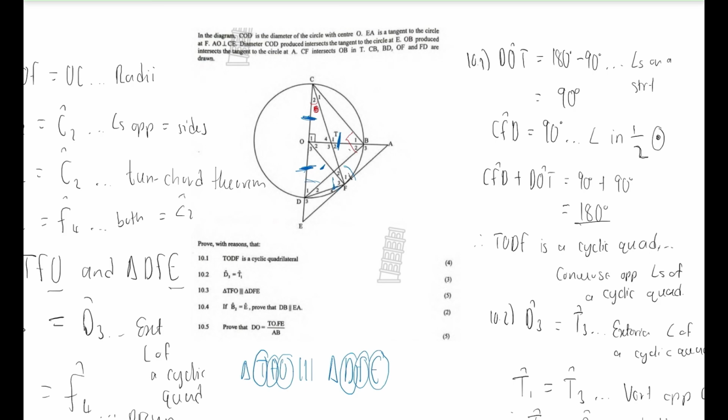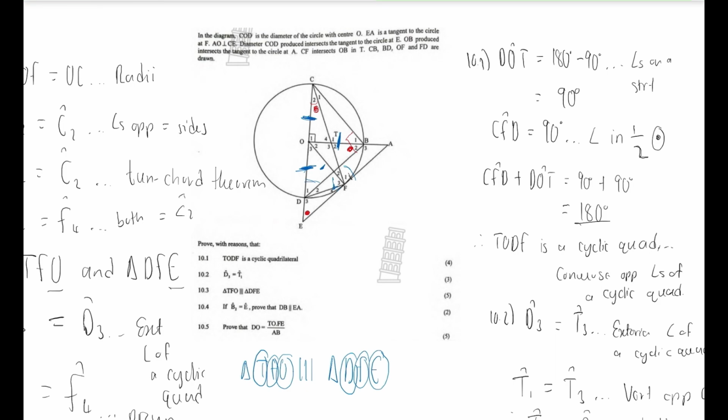So if B2 is equal to angle E, then we're supposed to show that DB is parallel to EA, alright? So how are we going to do this? Wait, give me time to think about it. Oh yes, okay, I found it.